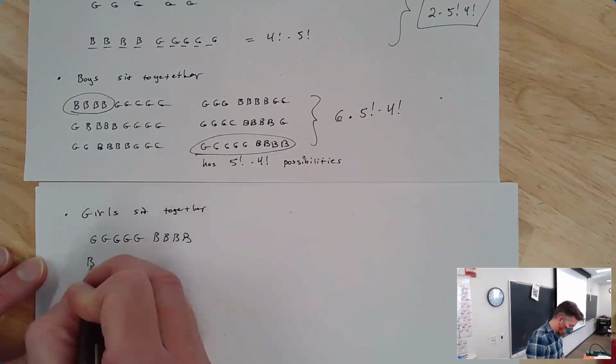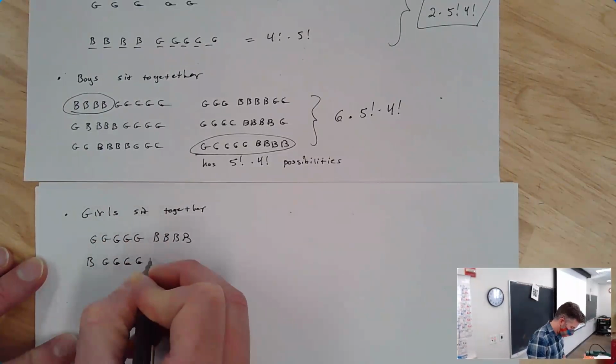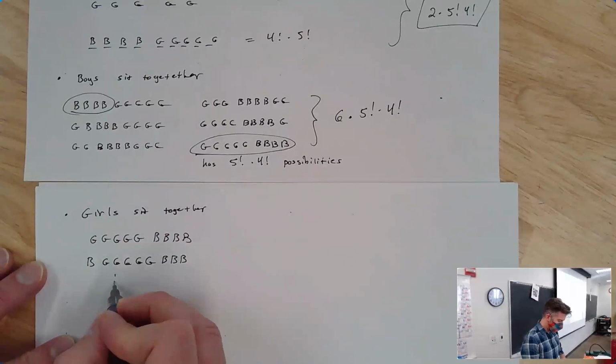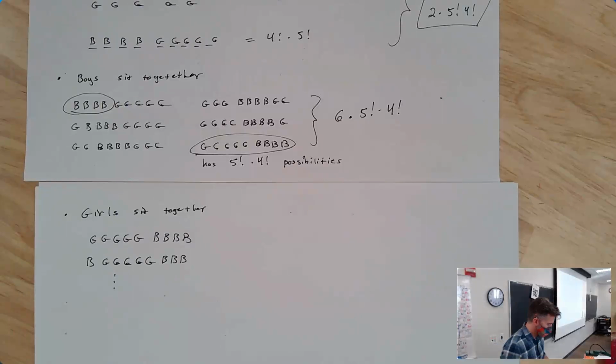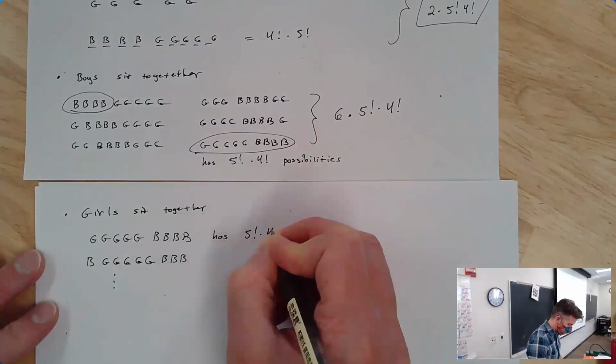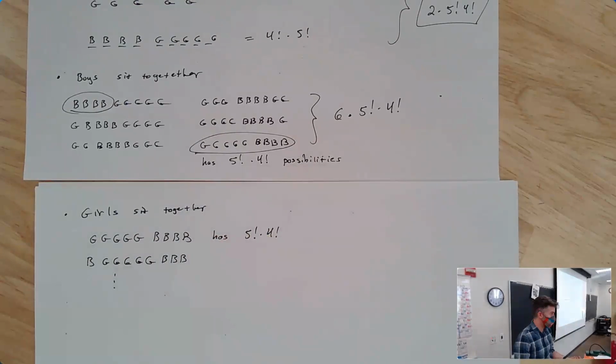So it could be boy, girl, girl, girl, girl, girl, boy, boy, boy. So think about how many ways there are we could get that. And then each of these has 5 factorial times 4 factorial possibilities. Still, if you're putting the 5 girls in a specific spot, there are 5 factorial ways you can permute them.